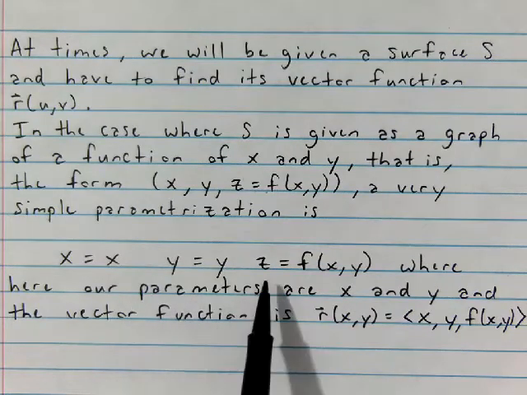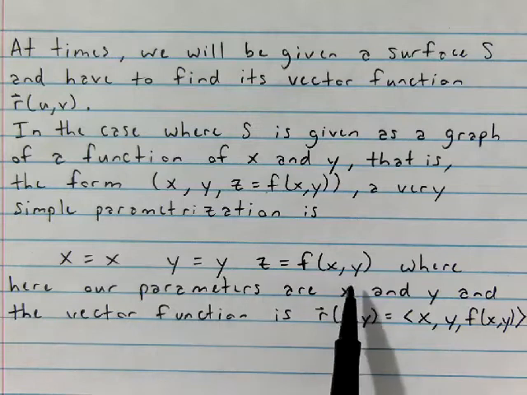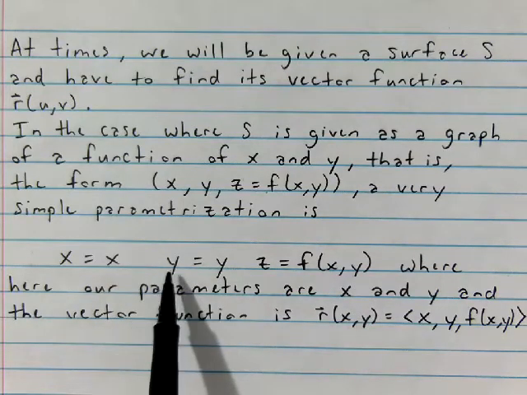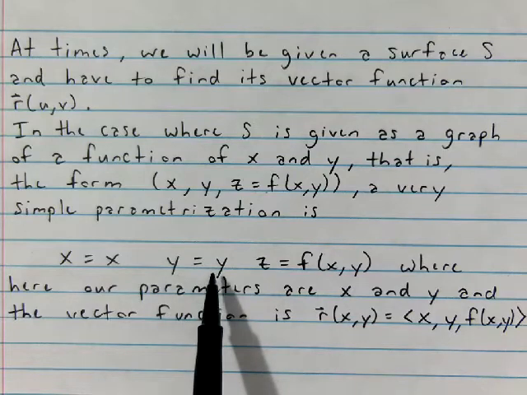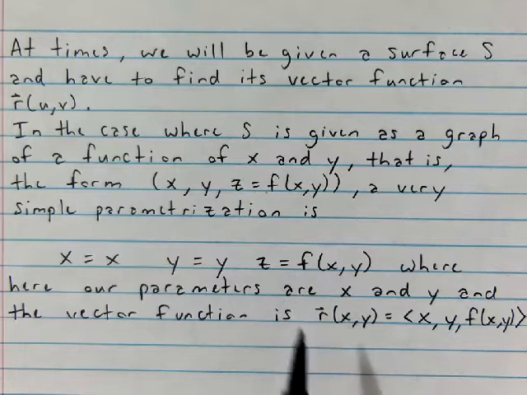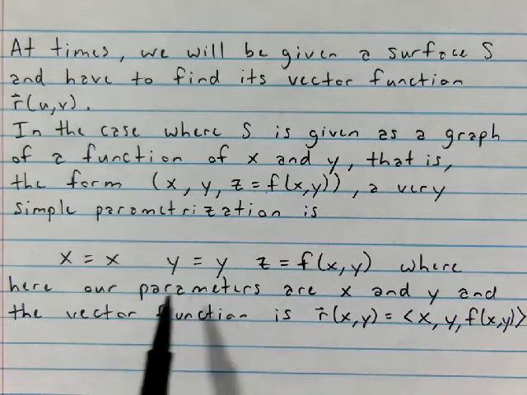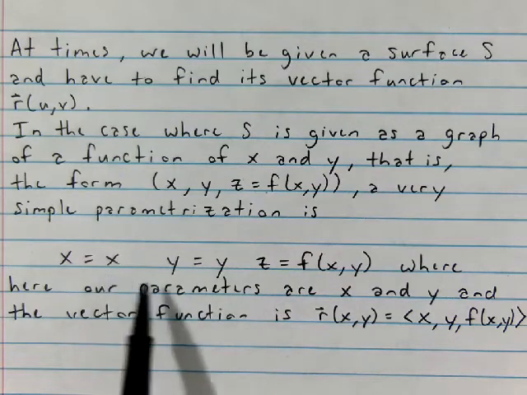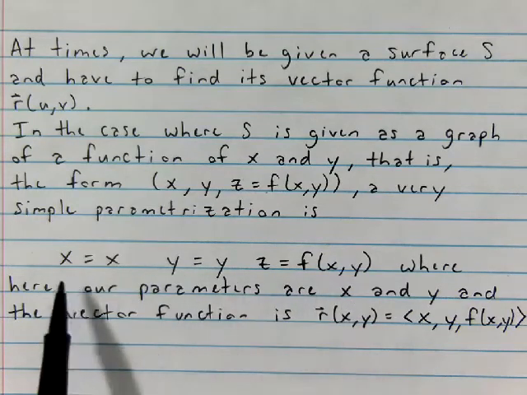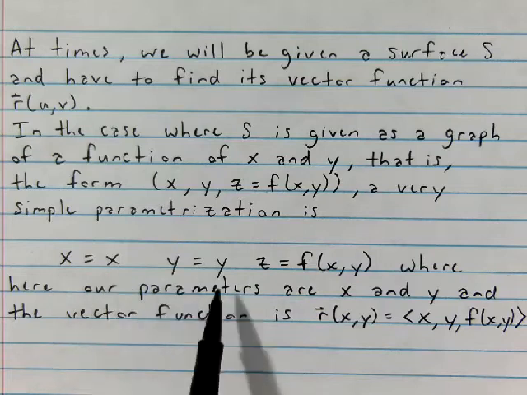If you can solve it for z, you use this as your parameterization. If you can solve it for y, it would be x equals x, y equals some function of x and z, z equals z. If you can solve for x, then y equals y, z equals z, x equals a function of y and z, and your parameters are y and z.